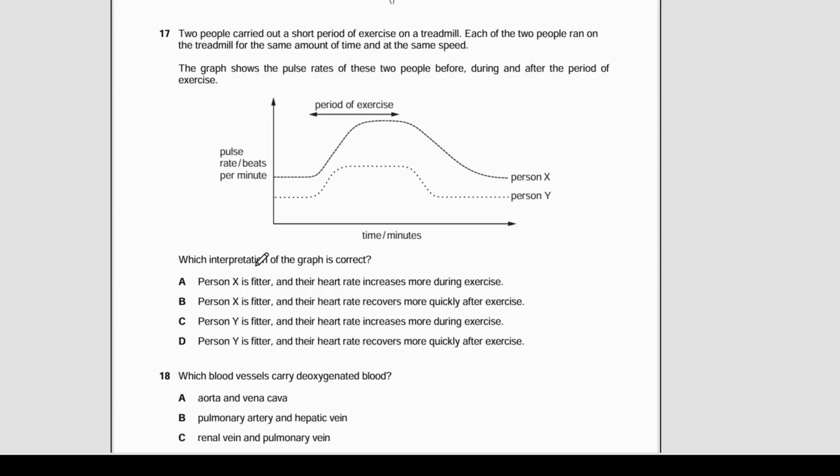Which one is fitter? The correct one is person Y, but why? Because the heart rate comes back to normal really quickly. Exactly, it recovers more quickly. That's why person Y is the fitter one.